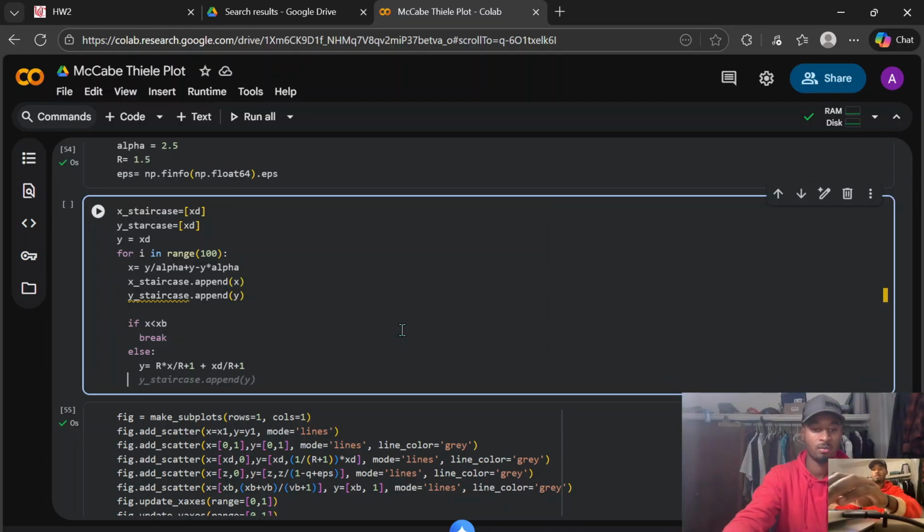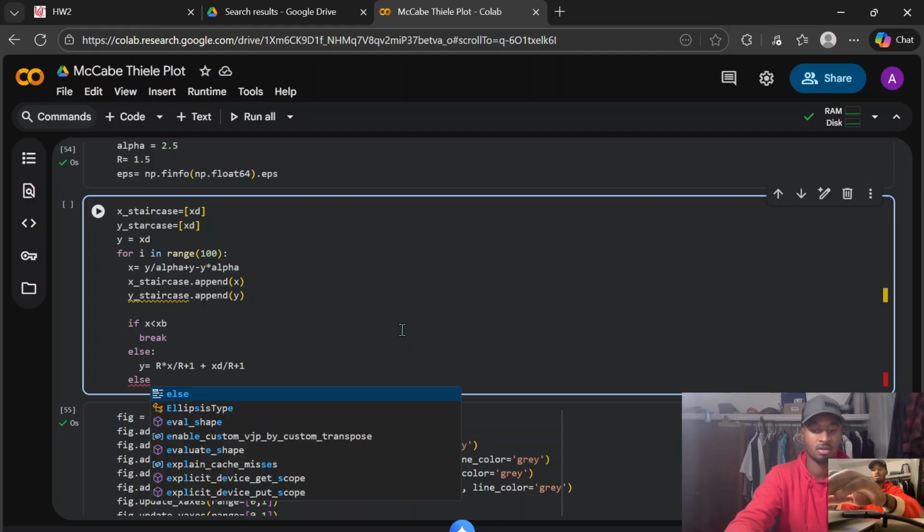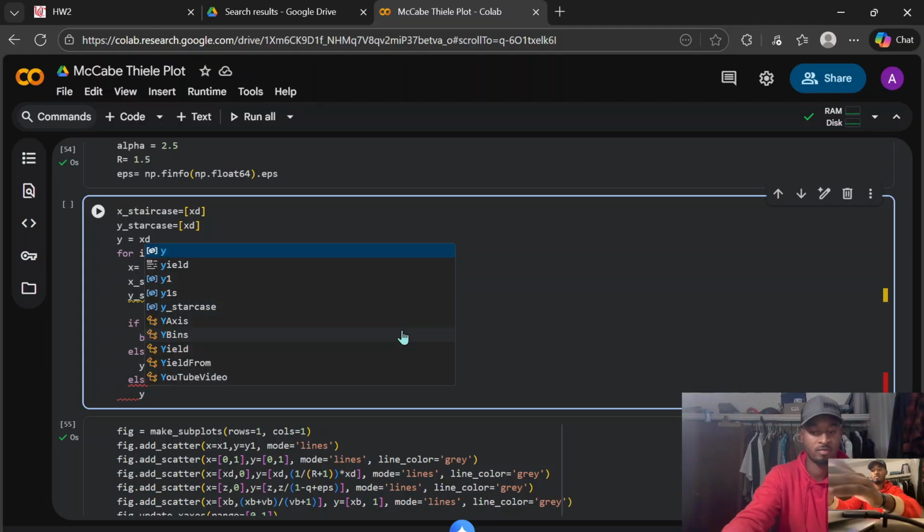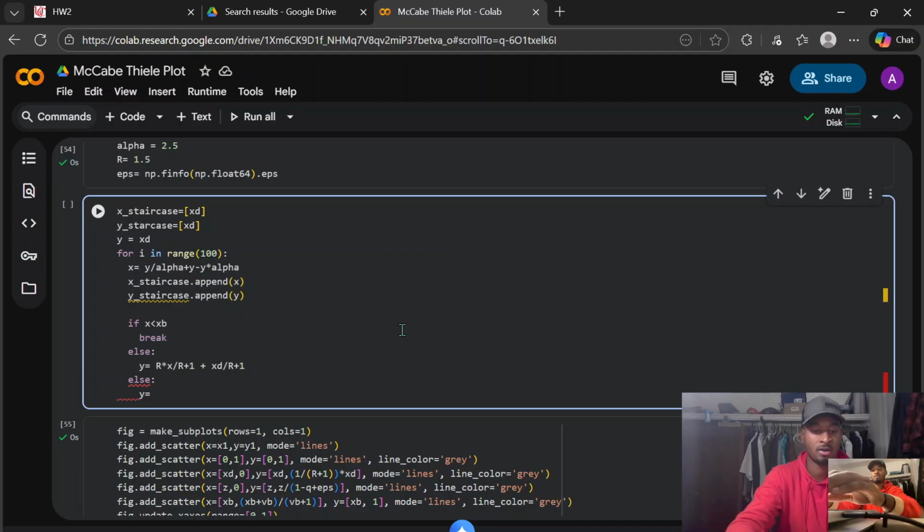And then we need an equation for the stripping line, for the stripping section of this diagram. So we can just input our stripping section equation here. So we have vb plus 1 over vb.